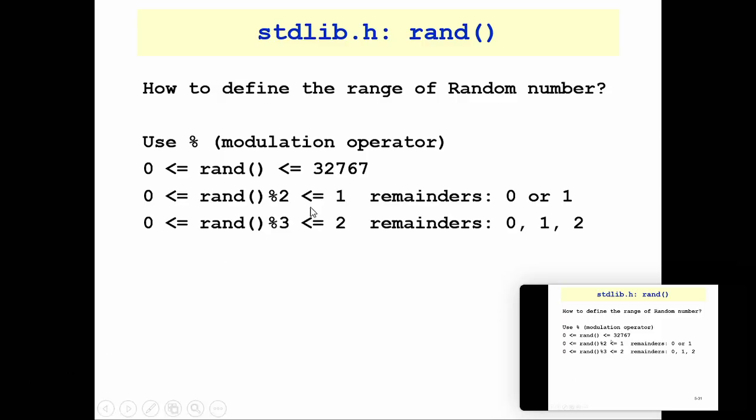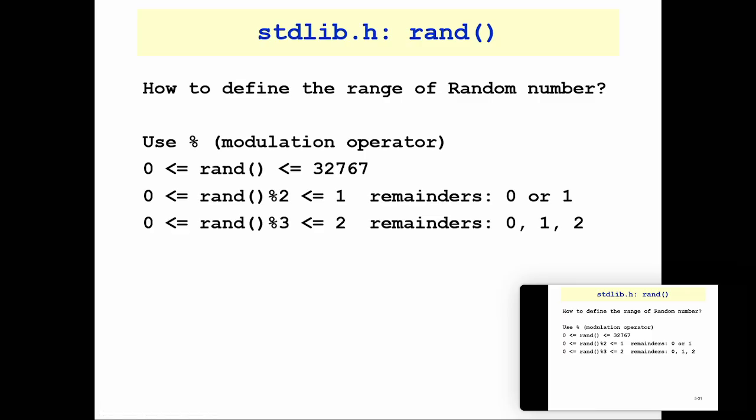In this example, let's say you just use the rand function. Then what's going to be the range? From 0 to a very large number. Then I used modulo. Let's say rand % 2. rand is an integer value. What is the possible outcome?